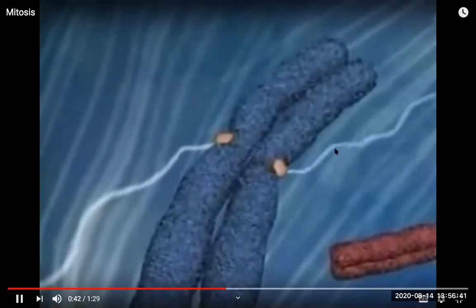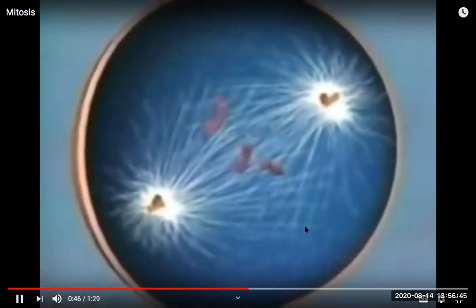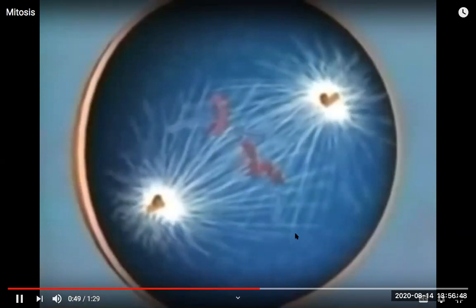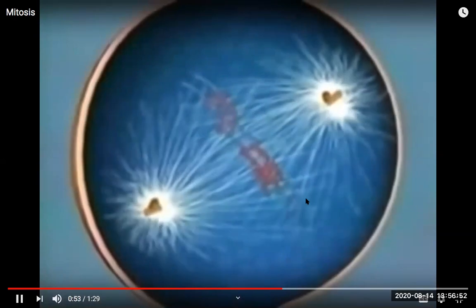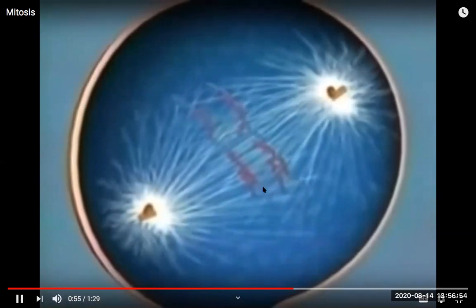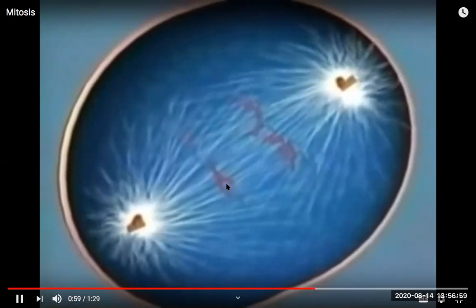Okay, remember the spindle fibers are coming from the centrioles. They're lining up on the midline. This is metaphase. Pulling, anaphase. See how they're separating?